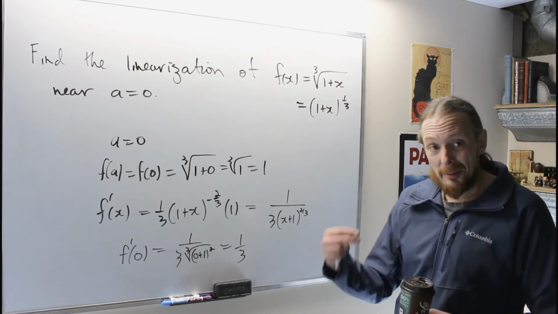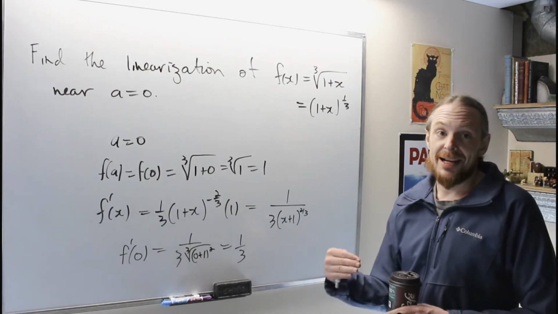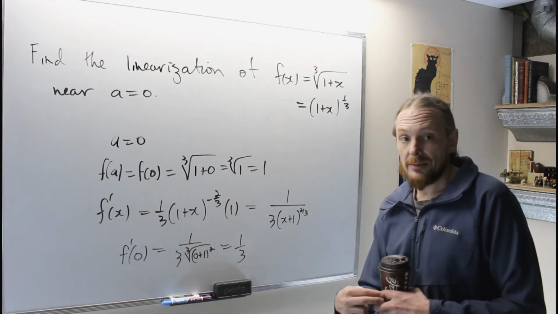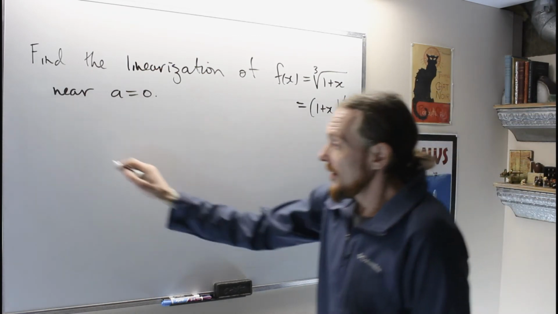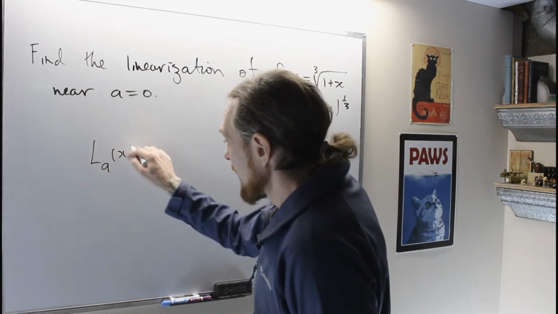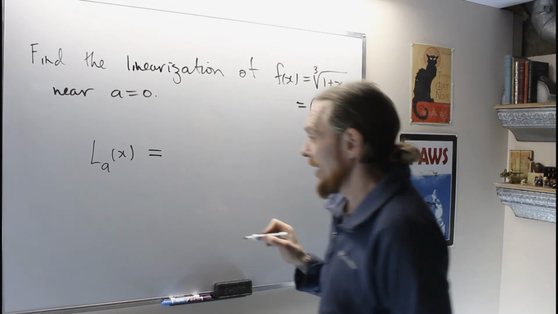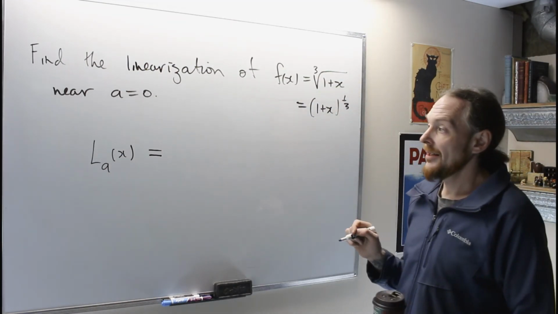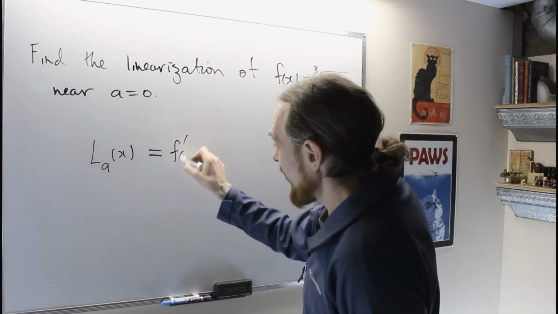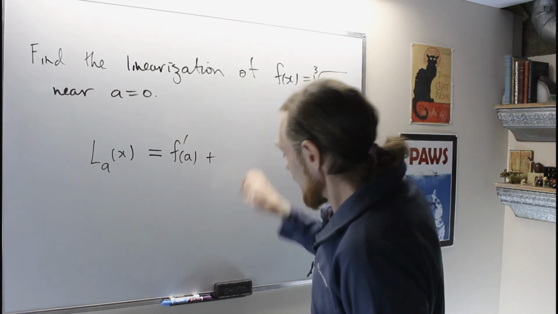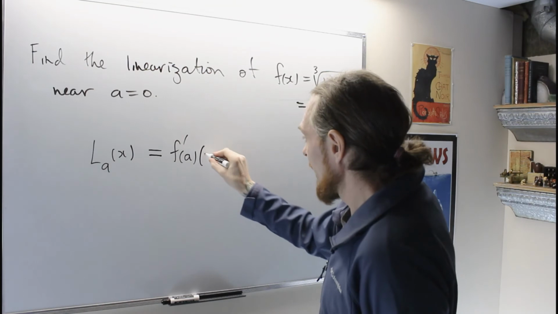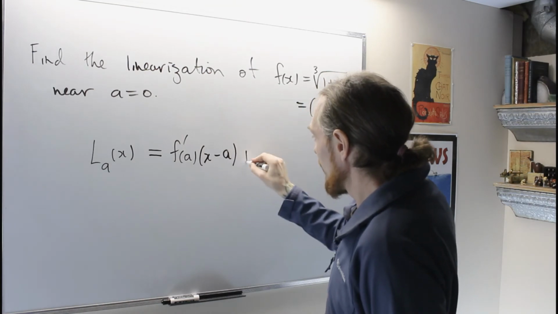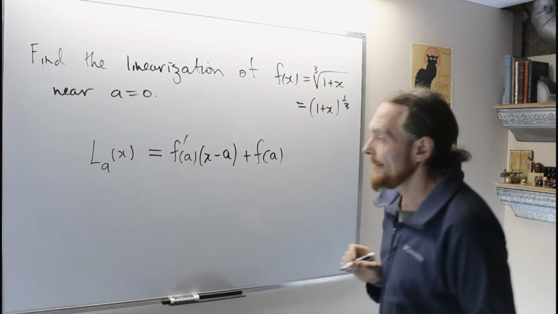Now the linearization, remember, is just the equation of the tangent line to the curve at that point. Once I have all the pieces, L, not the airport in Los Angeles, the linearization of the function f at a is equal to f prime of a times x minus a plus f of a.